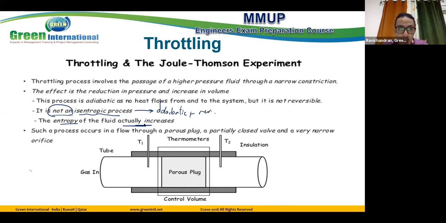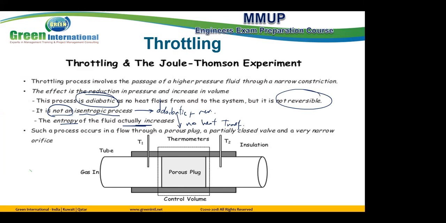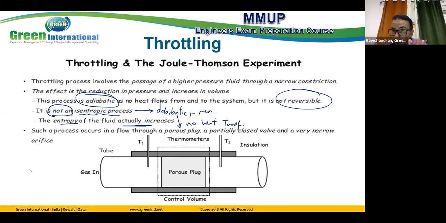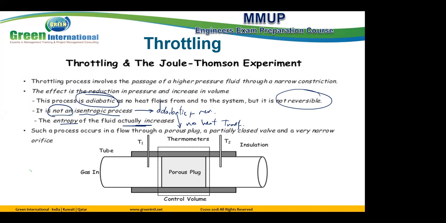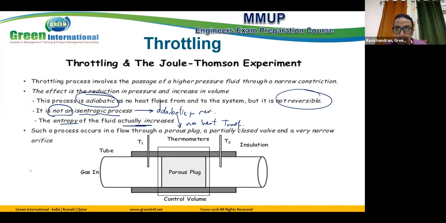So this process is actually adiabatic and not reversible. What is the meaning of adiabatic? Adiabatic means no heat transfer. And please be careful because he plays with this in the exam. You will have a difference between no heat transfer and constant temperature, T1 equals T2. We have two different cases, two different processes. No heat transfer means adiabatic. Constant temperature means isothermal.